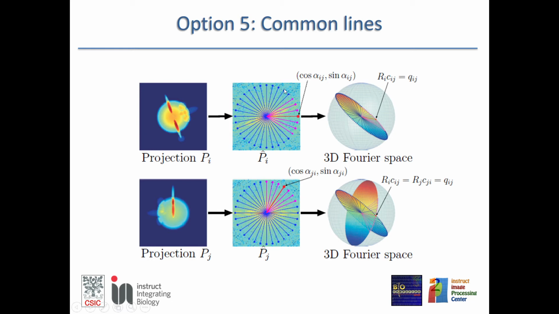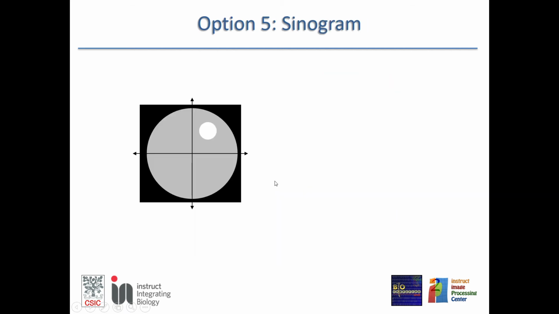We know that this 2D Fourier transform is one of the planes in the 3D Fourier space, and this one is also a plane in the 3D Fourier space. So both planes intersect at a line. So there must be a line of Fourier coefficients in this 2D Fourier transform and in this 2D Fourier transform that are exactly the same. So the problem now boils down to identifying which are the lines that are shared by 2D Fourier transforms.